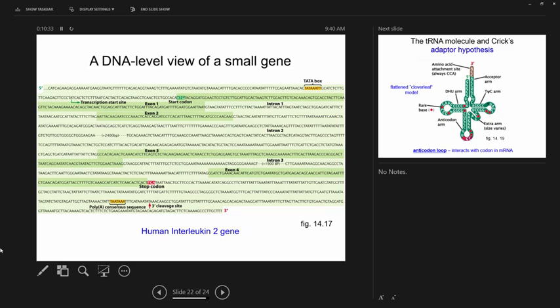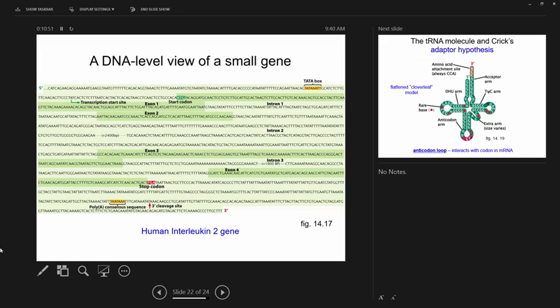But look, right here, this is where transcription starts. So between transcription start and the ATG start codon that encodes methionine, the first amino acid in the protein, this is the 5' untranslated region, or 5' UTR.